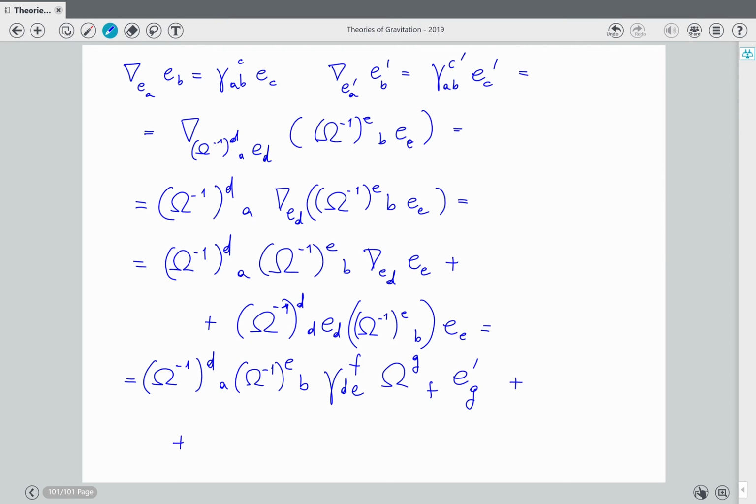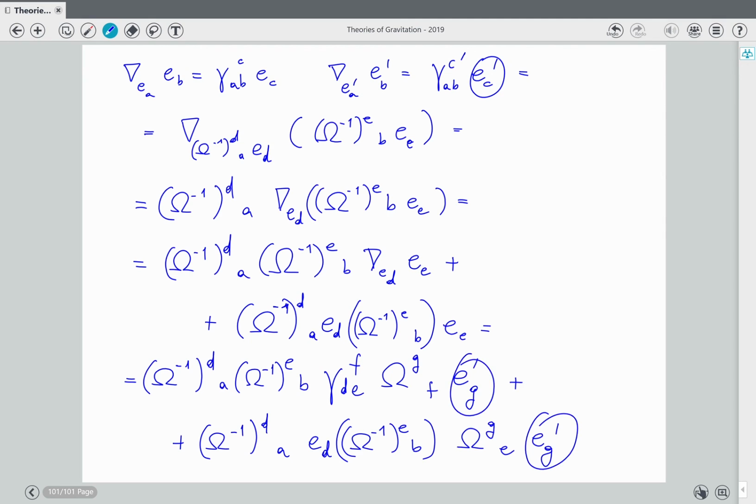So we copy that, omega minus 1 dA E D omega minus 1 E B, and then we do the same for this. So apart from changing names to the indices, we can factorize these objects and read the transformation of gamma.